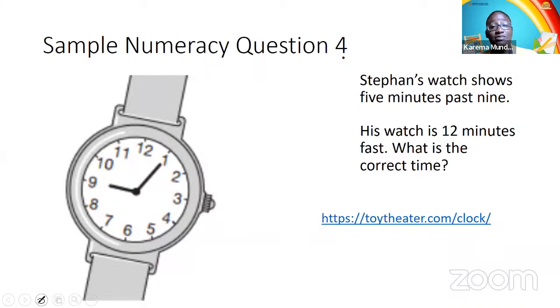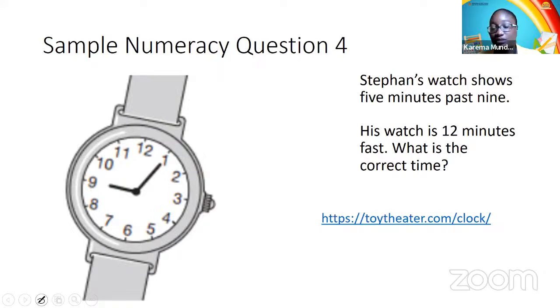That's what Miss Darby said, it's moving too fast. It really needs to slow down. Am I to go forward or backward? That's the real question, because he wants to know what's the correct time. If somebody asks him the time and he looks and says 5 minutes past 9, he would be giving them the wrong time because his watch is too fast.